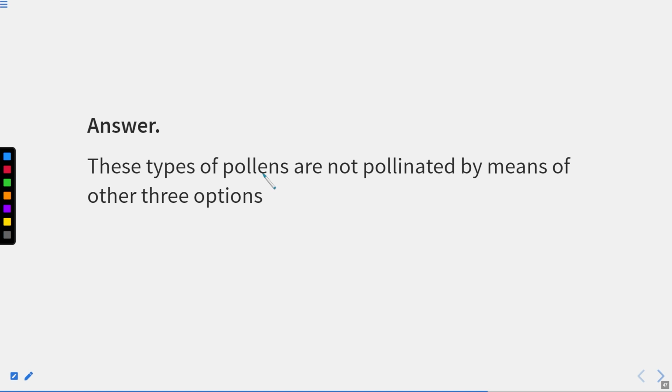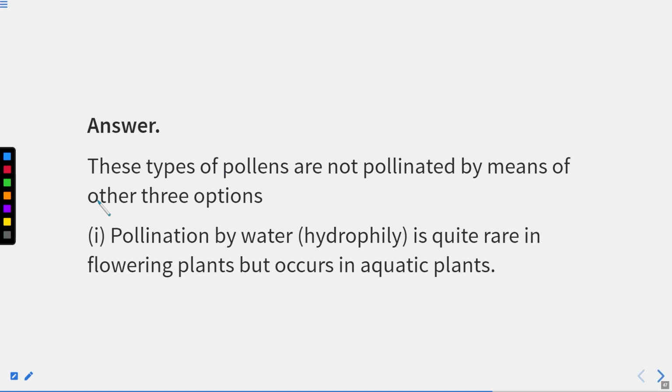So these types of pollens are not pollinated by the other three options. There are some other methods of pollination. So these pollens which are light and non-sticky are not pollinated by the means mentioned below. What are these options? First is pollination by water, which is known as hydrophily.